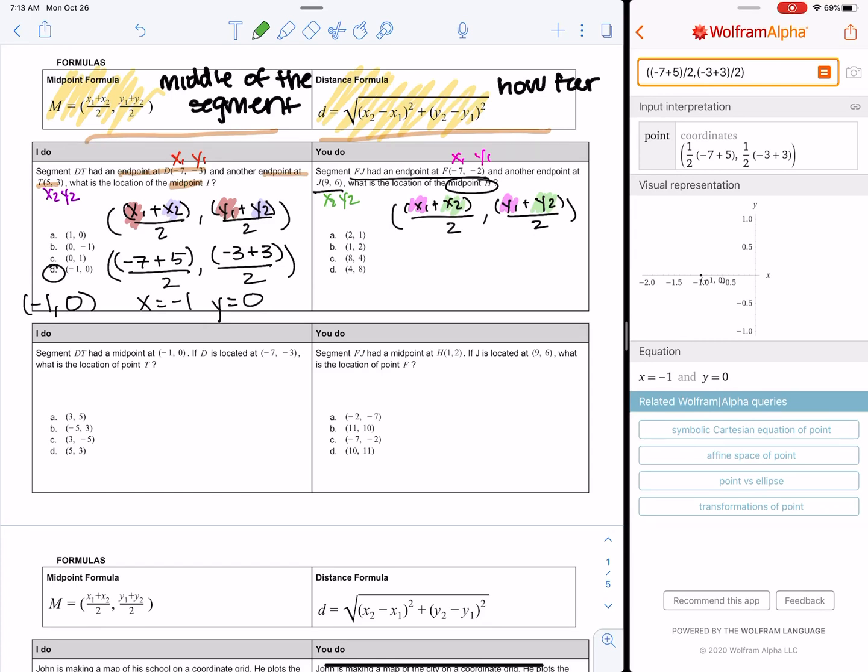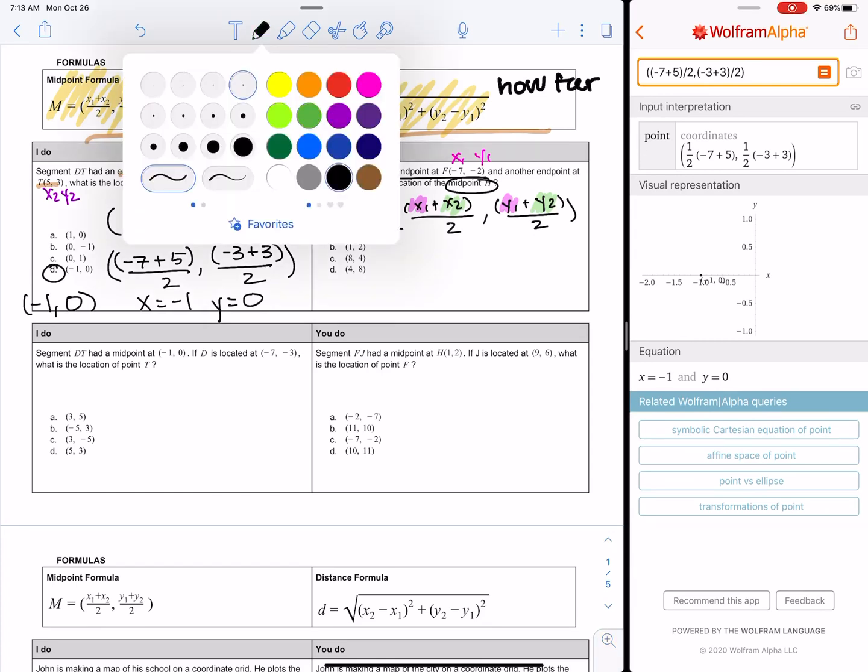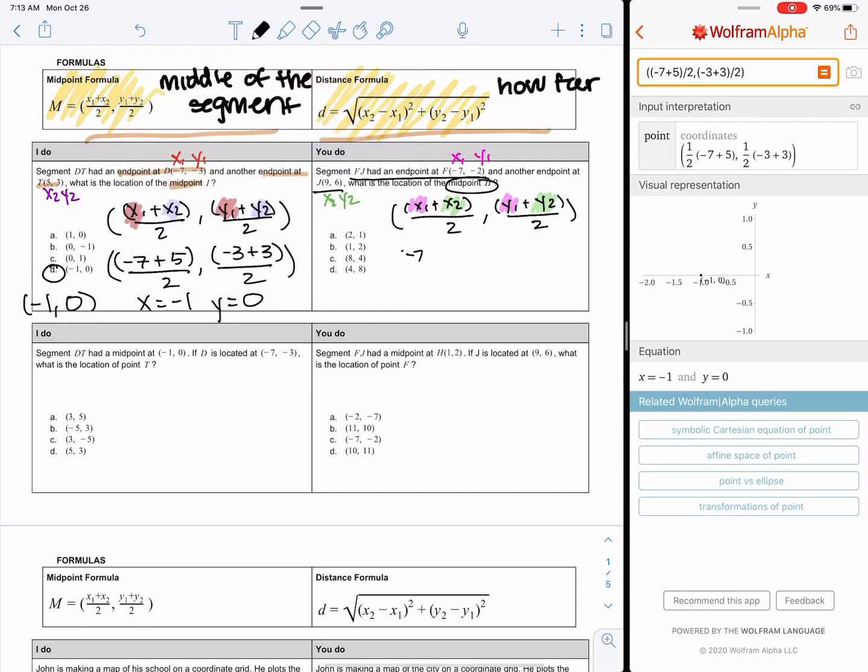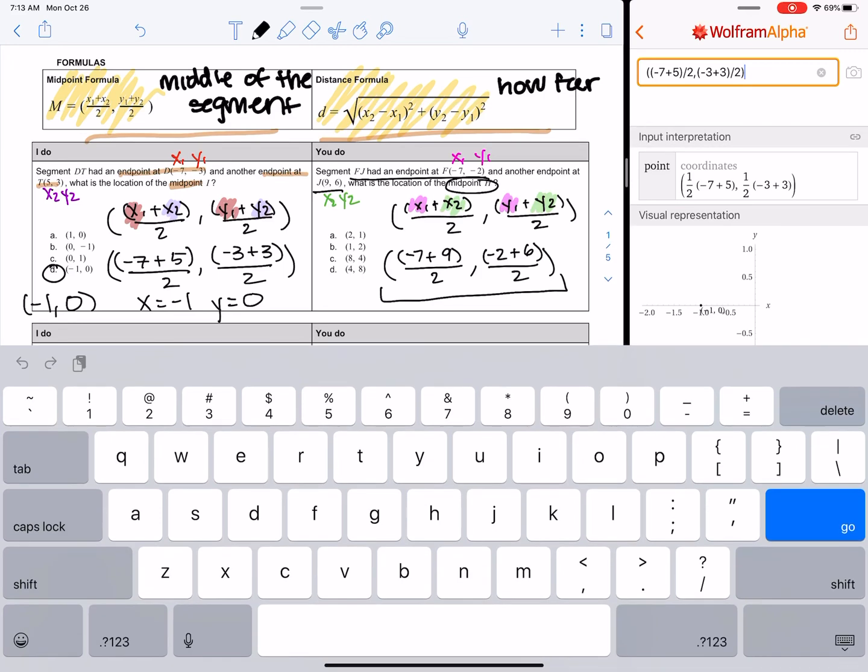Very good. You have -7 plus 9 over 2, remember those parentheses, then y1, which is -2, plus 6 over 2, and you're going to plug that all into Wolfram Alpha. If we plug it in again, we have (-7 plus 9) divided by 2, comma, (-2 plus 6) divided by 2.